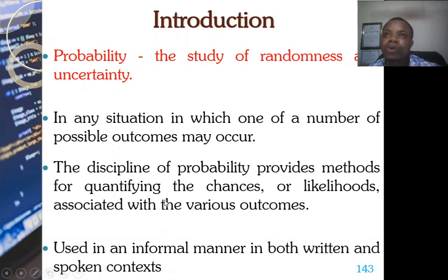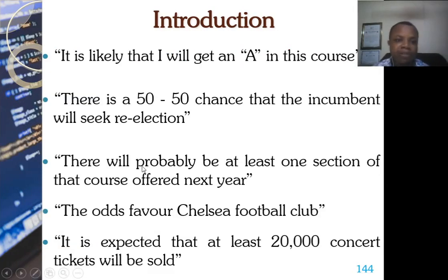Although it is used in the sense of mathematics, informally, even in our normal language and communication, we've been using it, and today we shall look at some of them. Let's look at these kinds of statements.